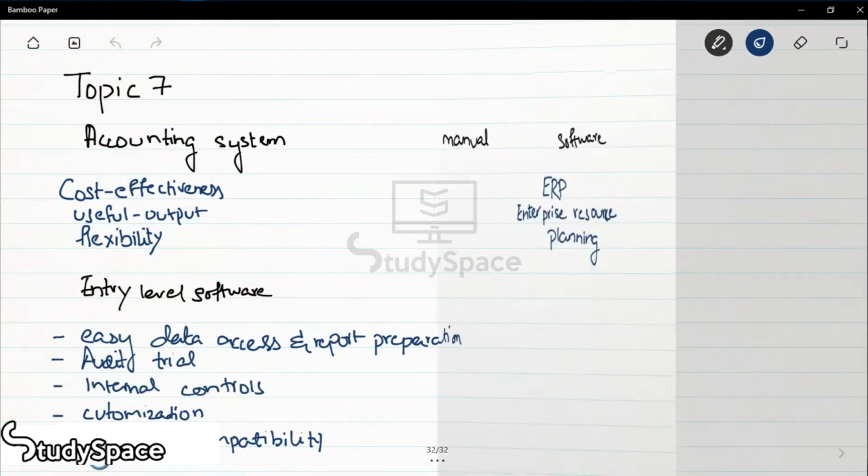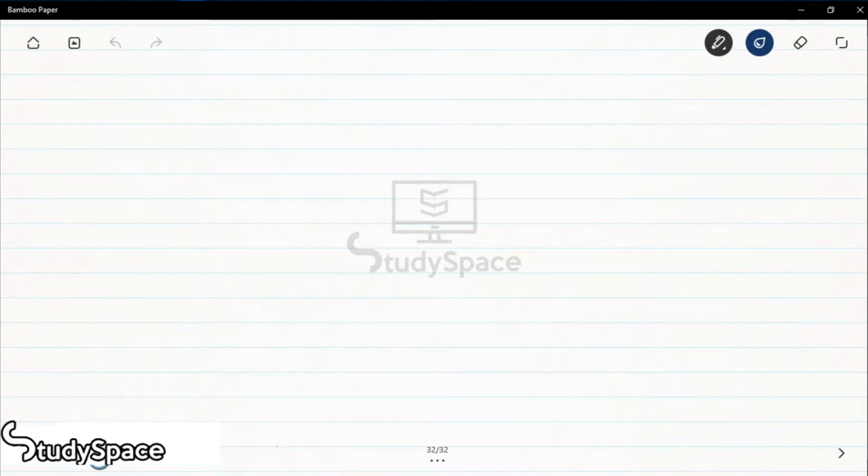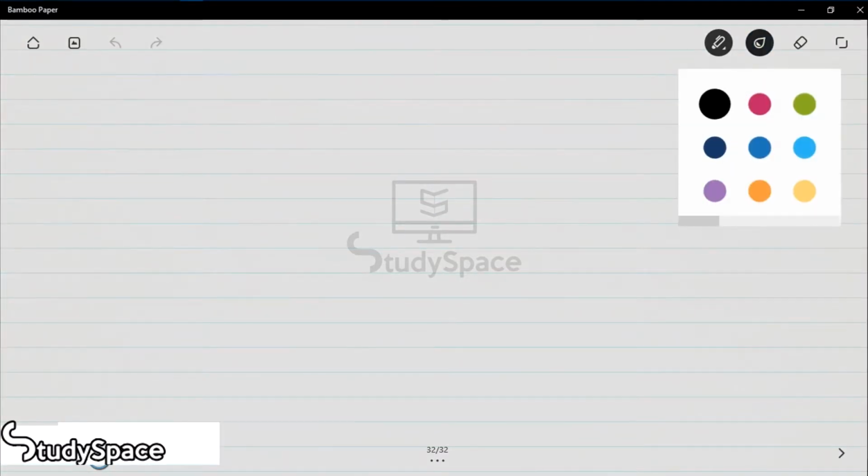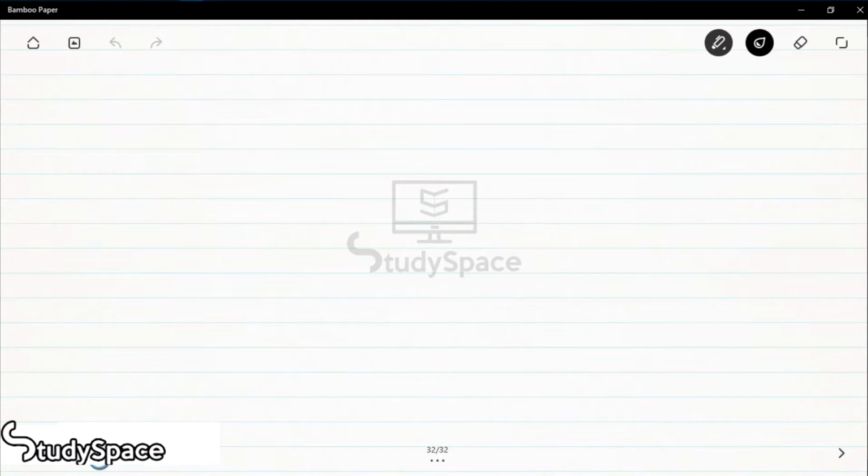Moving on, we studied in our first chapter that there are two particular types of books of accounting that are used in the very beginning, which are the journal and then the ledger. So now we will be going into a little more depth about the ledger.